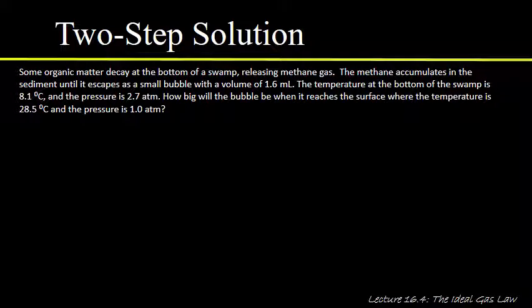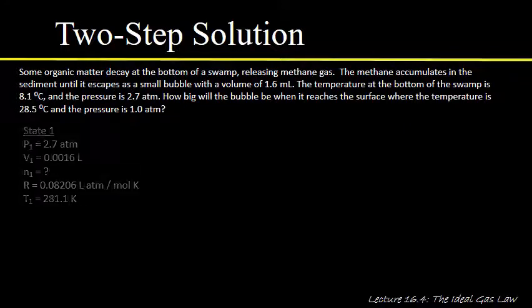All right, so just as with the simple gas laws, we've got two ways that we can work through this. One is with a two-step solution, and the other way is by isolation of constants. So let's go ahead and do this one both ways, and we're going to start with the two-step solution. The first thing we have to do is collect our variables.